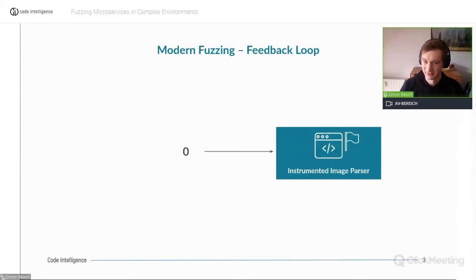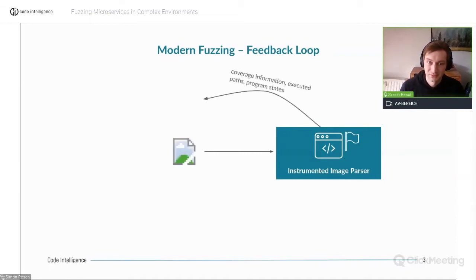Again, here is an illustrated example of how this might work. A good example is an image parser. We instrument it, injecting hooks into the application to give the fuzzer this feedback. Then the fuzzer, even with a simple 0 byte, can start mutating this byte.